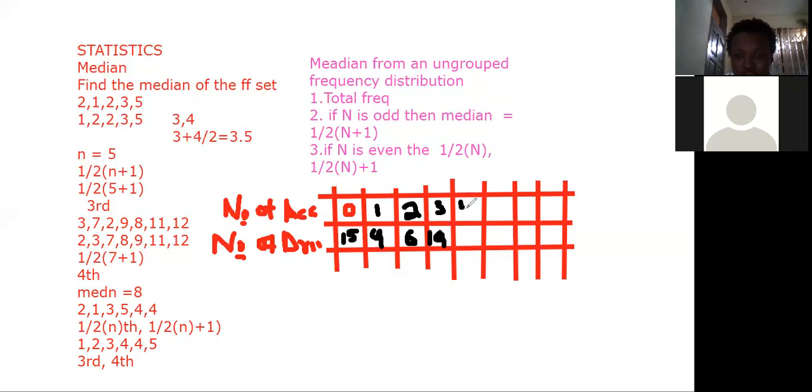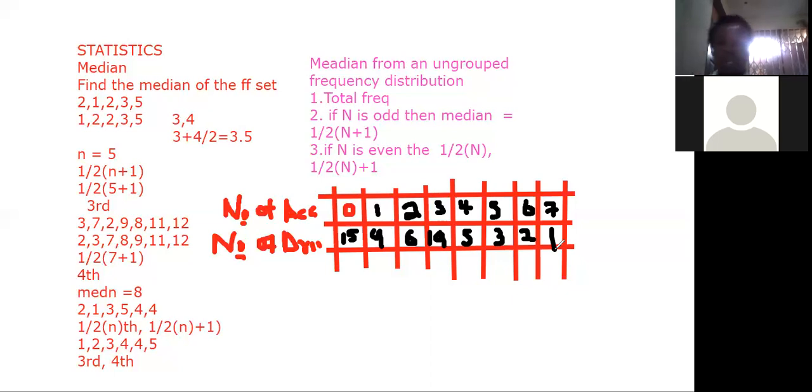Then we have 4, 5, 5, 3, 6, 2, 7, 1. So the first one is 0, 15, 1, 9, 2, 6, 2, 6, 3, 19, 4, 5, 5, 3, 6, 2, 7, 1.